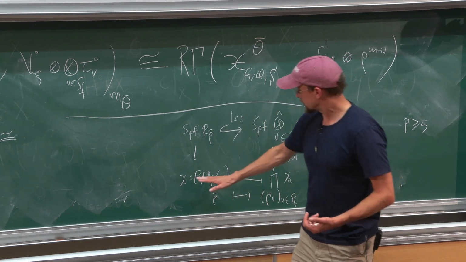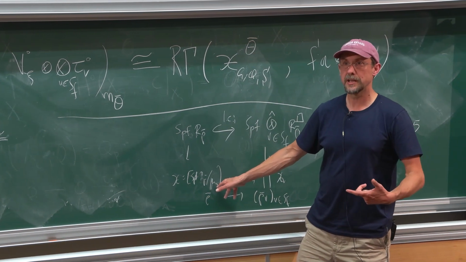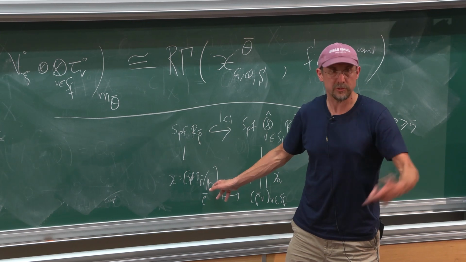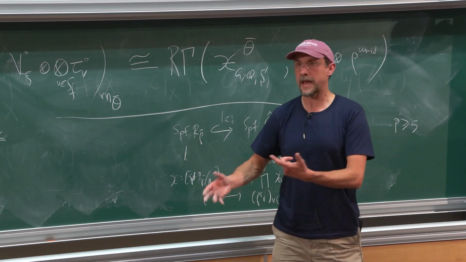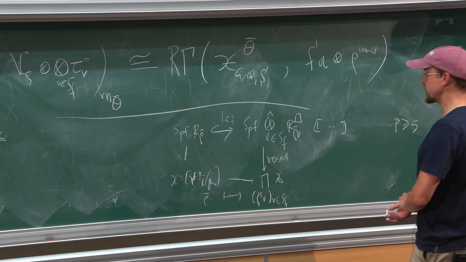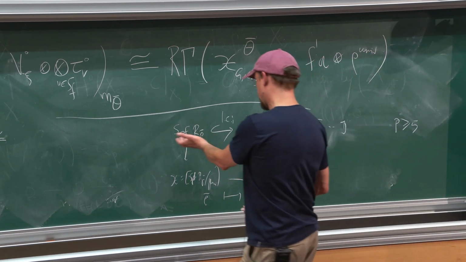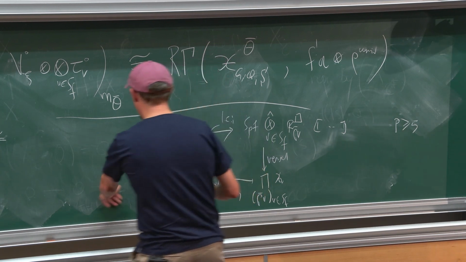And when you're doing it on this stack, you have this mu2 action, so you do everything I just said, but you also take invariants under the mu2 action. But this mu2 is in the center, it's going to act trivially, kind of by general principles, and so you just get this pullback.